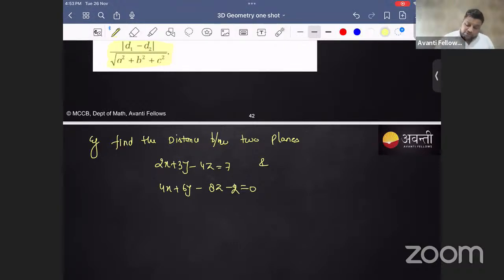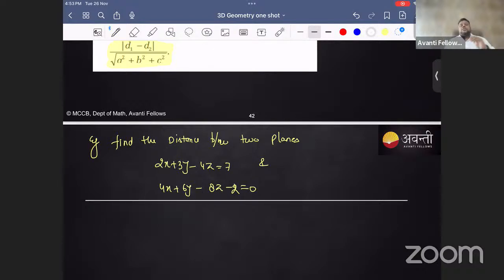Now, what precaution should one take to find the distance between these two planes? First of all, these two planes are parallel, that we can judge using the proportionality. You see, ratio of the coefficient of x is 1 by 2, of y 3 by 6 is 1 by 2, of z minus 4 upon minus 8 is 1 by 2.